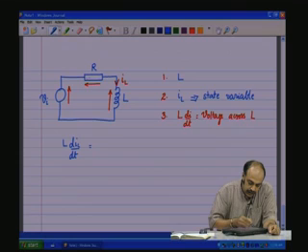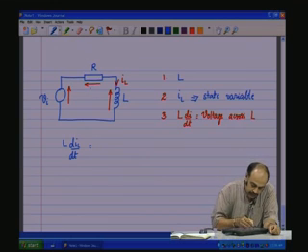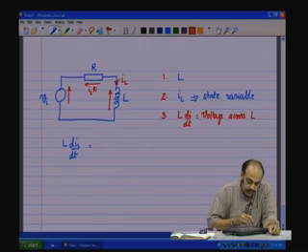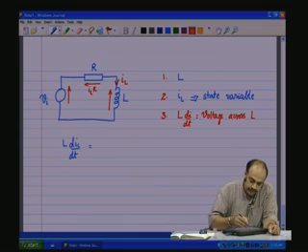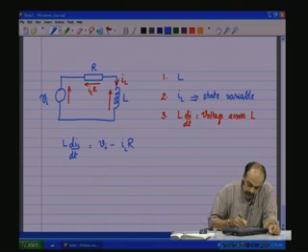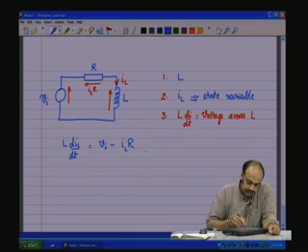The other end here is Vi minus the voltage across R. And we know the state variable IL is flowing through the whole of the circuit, and therefore, the drop across this is nothing but IL into R. So, Vi minus IL into R is the voltage across the inductance. So, you see again the whole dynamic equation is in terms of only the state variable and the input variable.